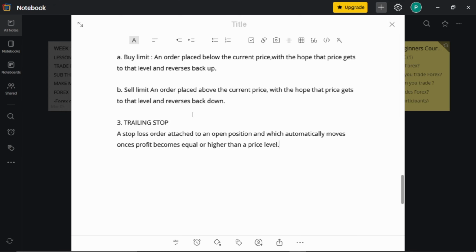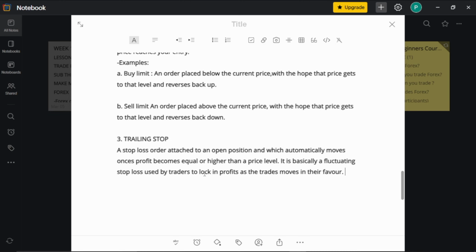Okay, so it's basically a fluctuating stop loss used to lock in profits as the trade moves in their favor.